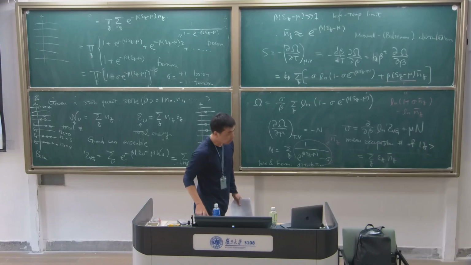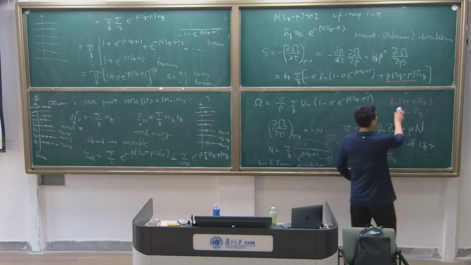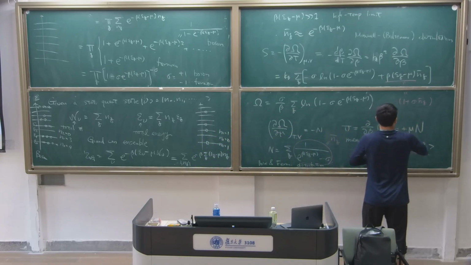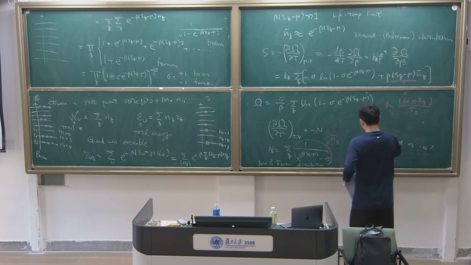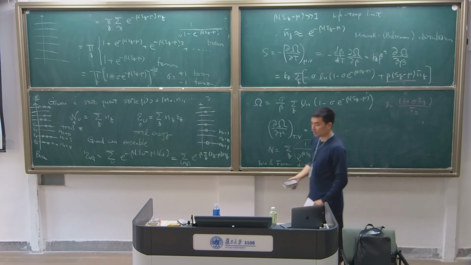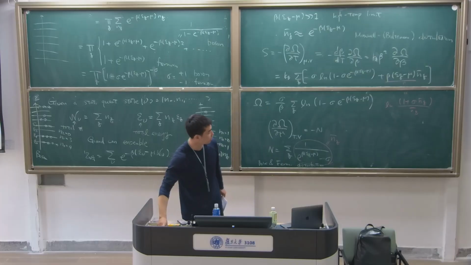Okay, let's do the computation. I didn't do this computation, that's why I got confused. Log n bar q. It's just a simple computation, it should be right.